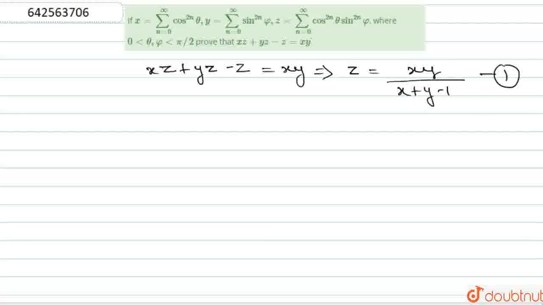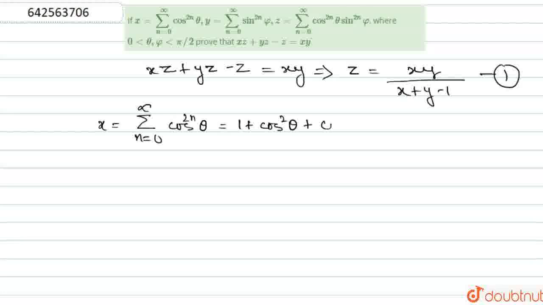Now it is given that x is equal to summation n is equal to 0 to infinity cos to the power 2n theta, or when we expand this we will get 1 plus cos square theta plus cos 4 theta plus cos 6 theta till infinity.